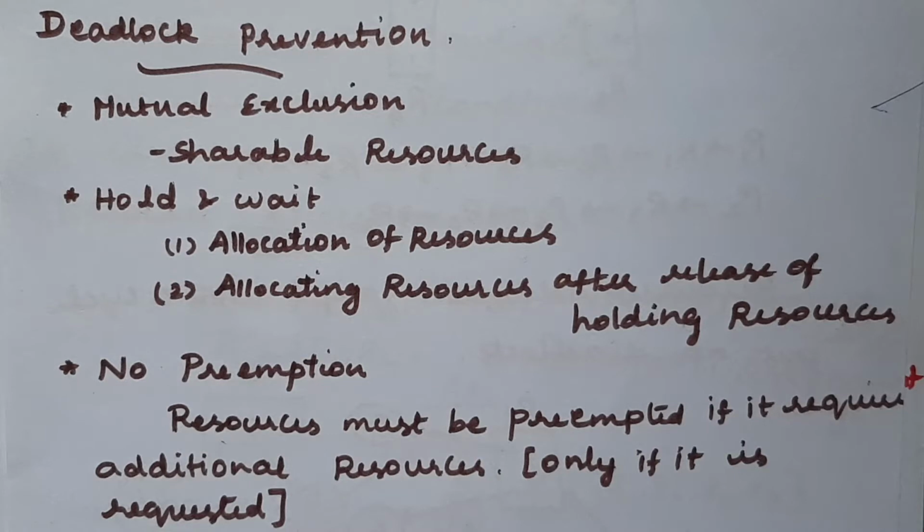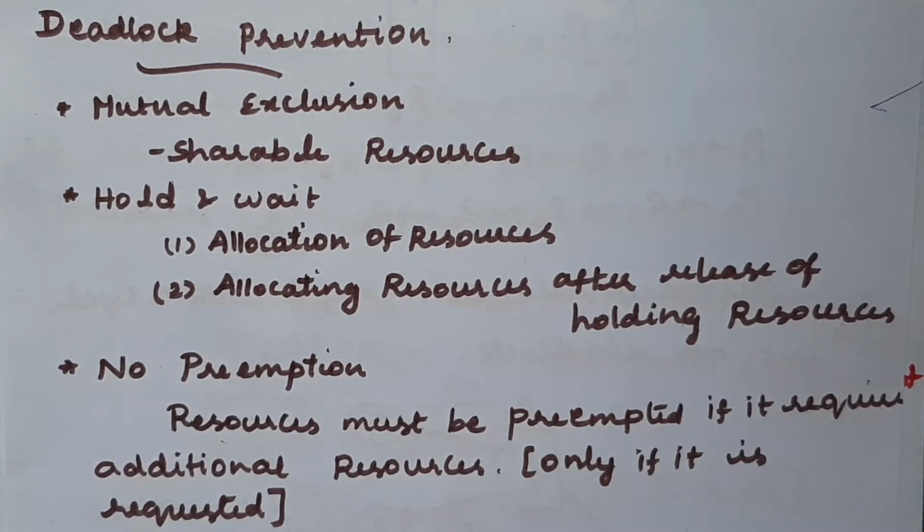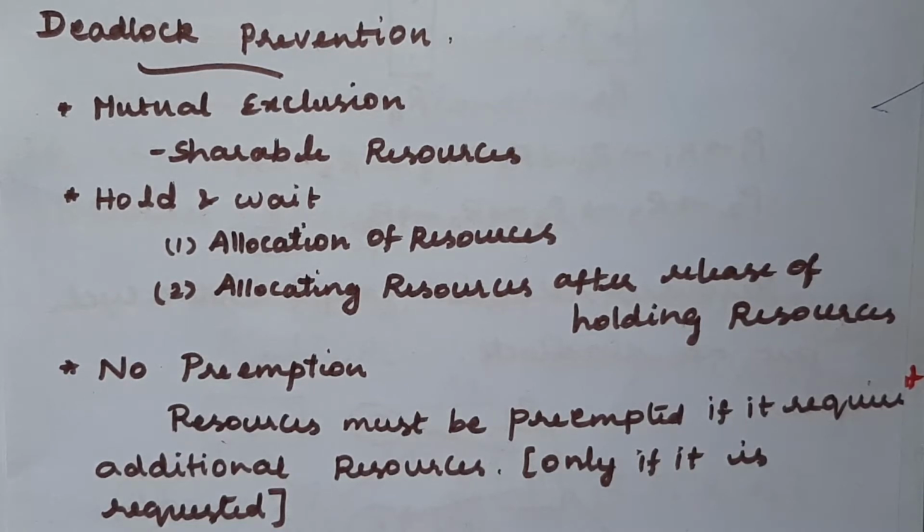First one is mutual exclusion. We have already discussed this a lot. If there are two processes that want to communicate between them, or both want to share some common data, then the OS must grant the process execution only with exclusive access to that particular resource or common data.